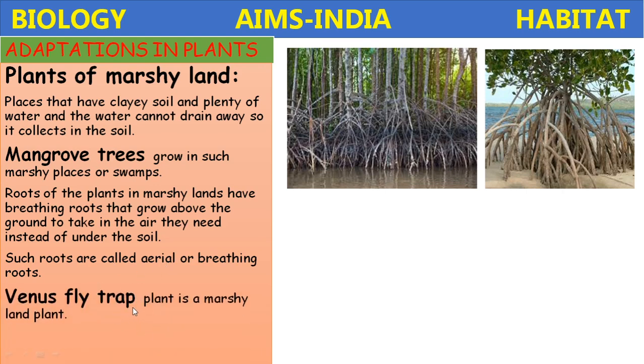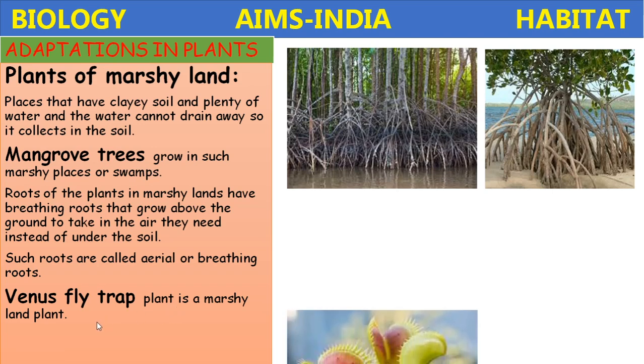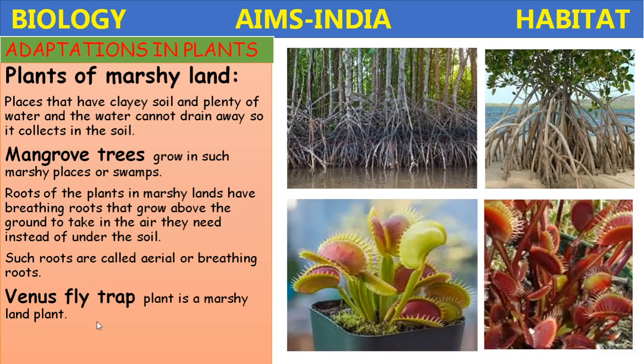Venus flytrap is an insectivorous plant also found in marshy land. So this is the Venus flytrap. You can find it on marshy land which is deficient in nitrogen. It is an insectivorous plant.